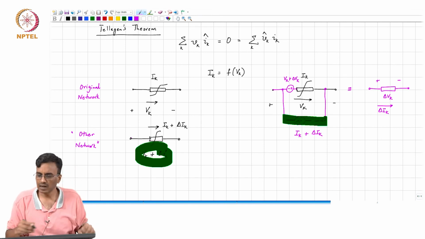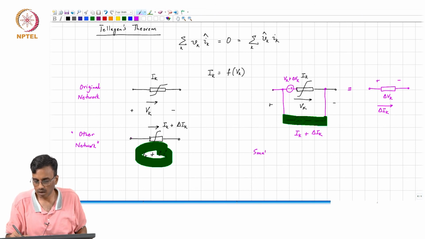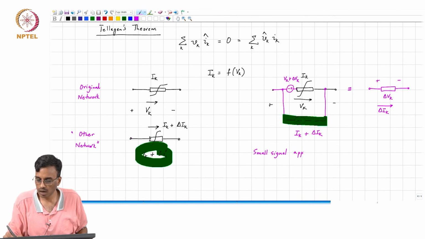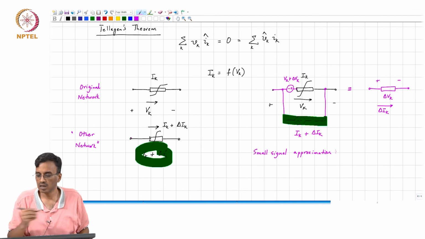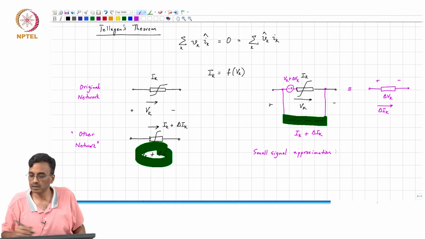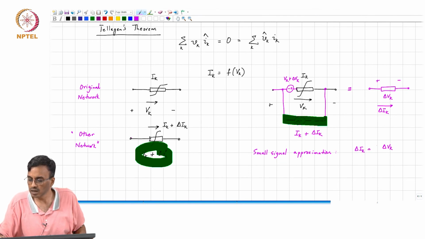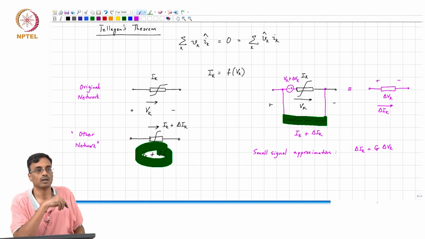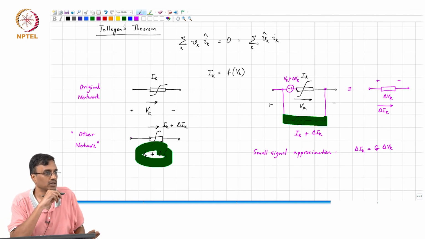The small signal approximation comes in when you assume that the changes are so small that you can relate the delta Ik to the delta Vk in a linear fashion. All right.